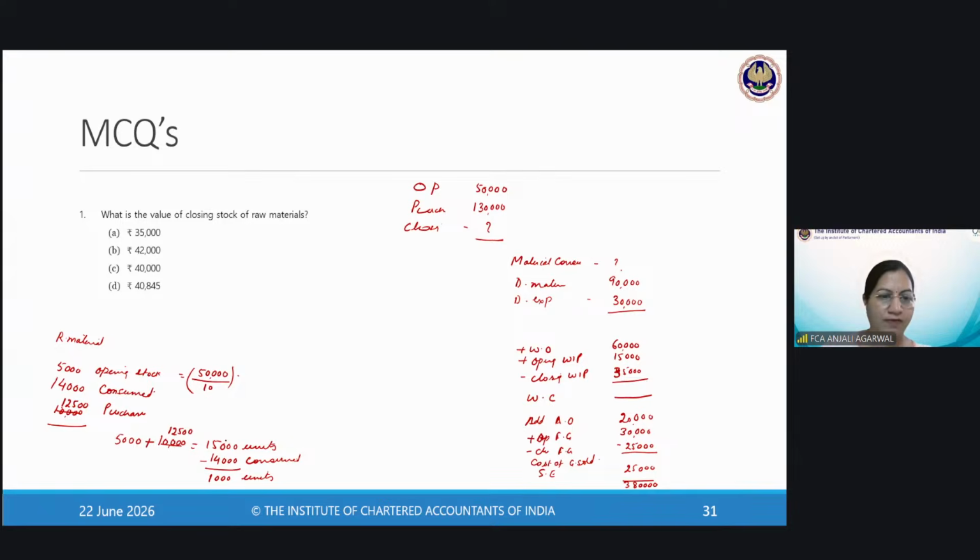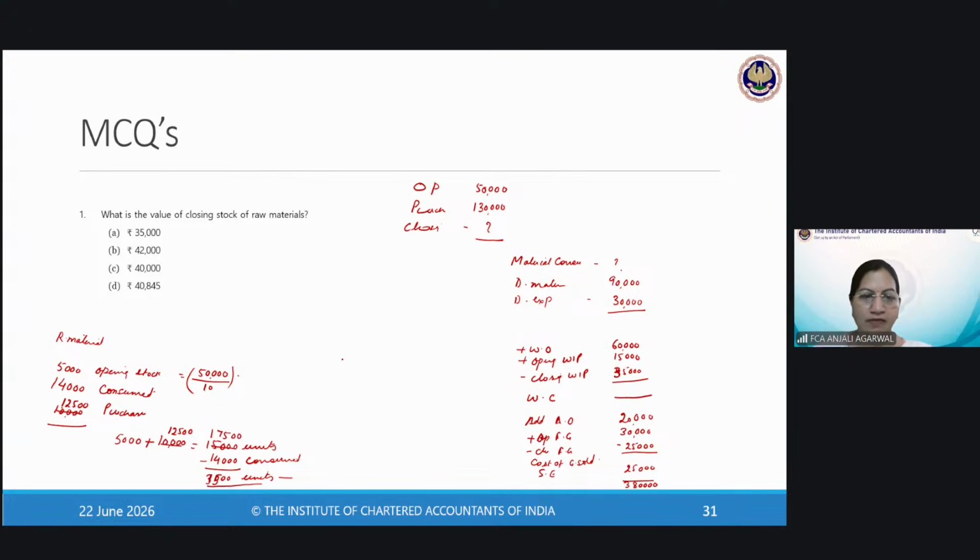So you have 5,000 plus 12,500, that is 17,500. And out of 17,500, 14,000 is consumed. So 3,500 units are remaining, which are there with you as the closing stock of raw material.